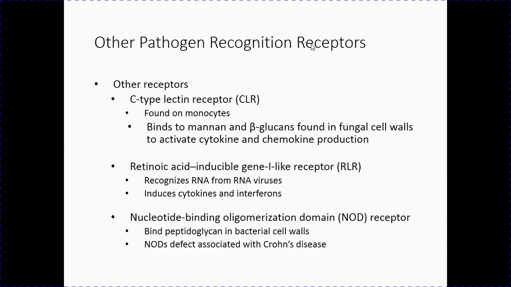Interferons are a kind of cytokine that inhibits viral replication. So when you see something that's viral, frequently you'll see interferon is a cytokine that's used to interrupt the replication.